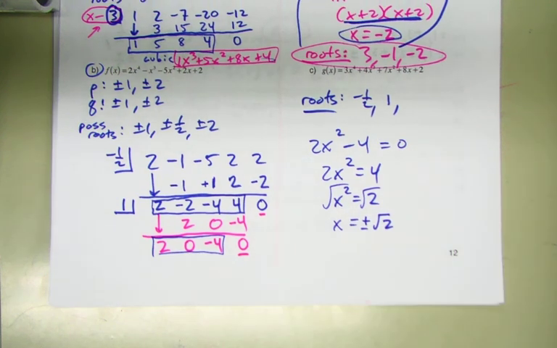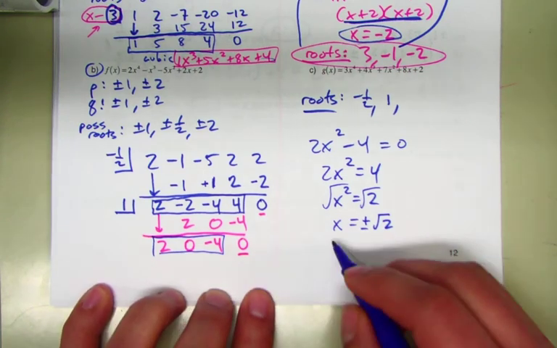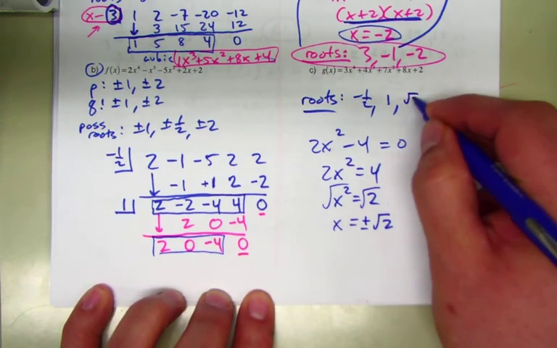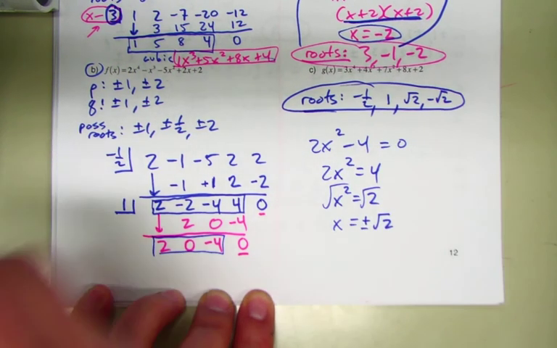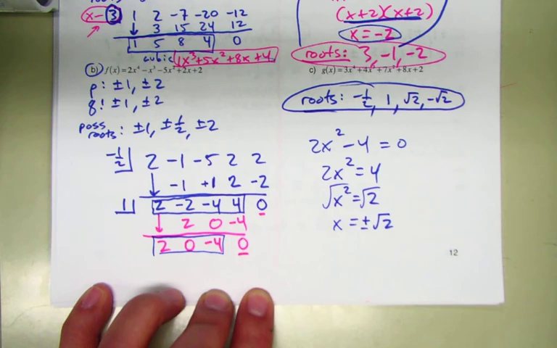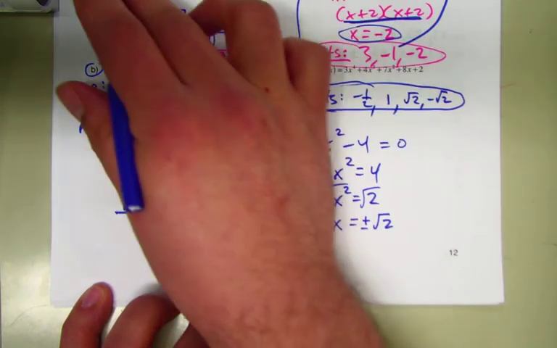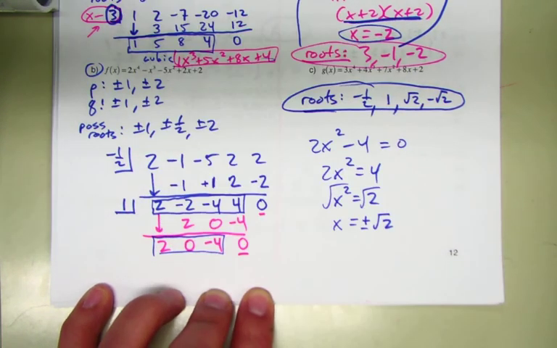Okay, so our roots are those 4 right there. Make sense?